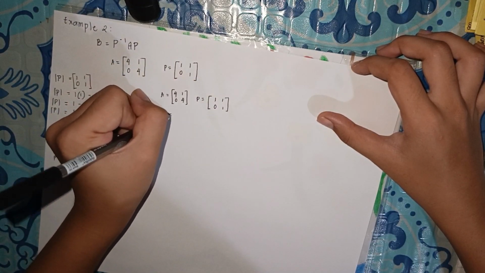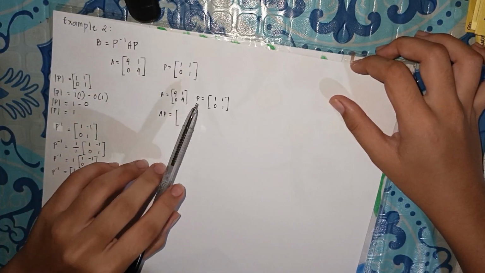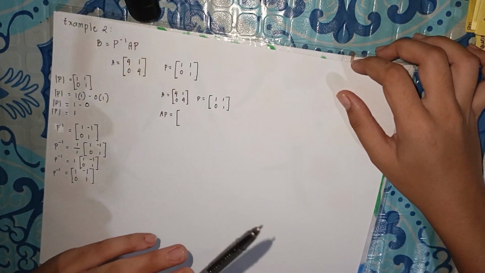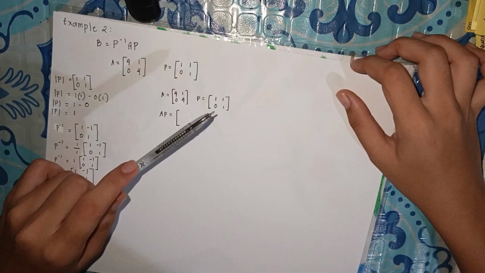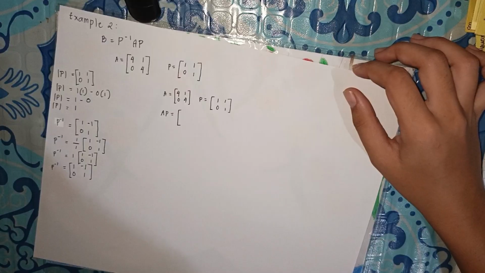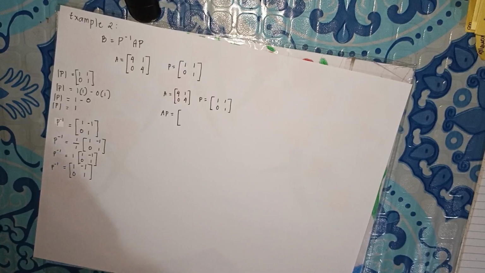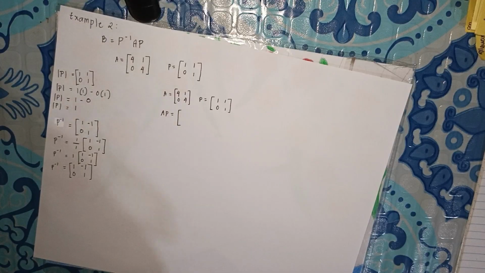Multiply A and P. So, AP is equal to... we can multiply them, right, since it is 2 by 2 and 2 by 2, the inner numbers are the same, and the outside is also 2 by 2. So, 2 by 2 is our answer for multiplying A and P.